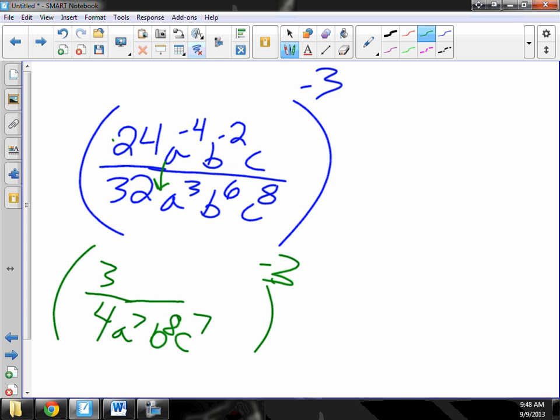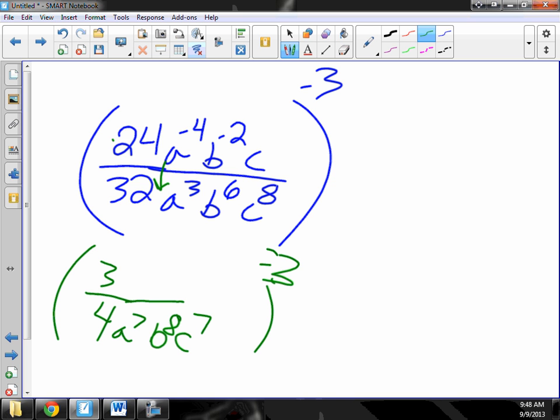Okay. Now let's make this easy on ourselves. Do we really want to bring in a -3? Because that's going to flip everything, right? So how can we deal with this and not have to rewrite it? Flip it now, or when we write our answers, just flip our answers. Okay?